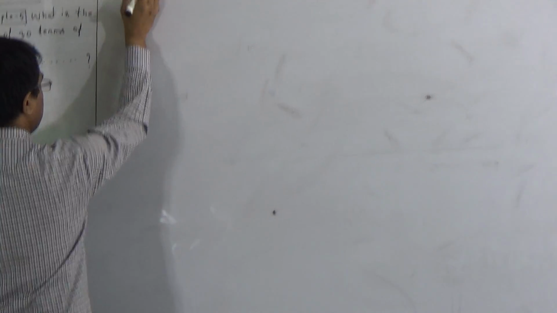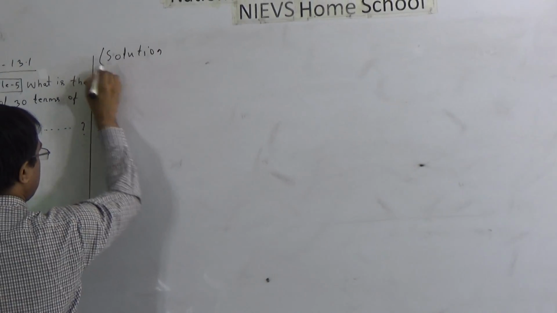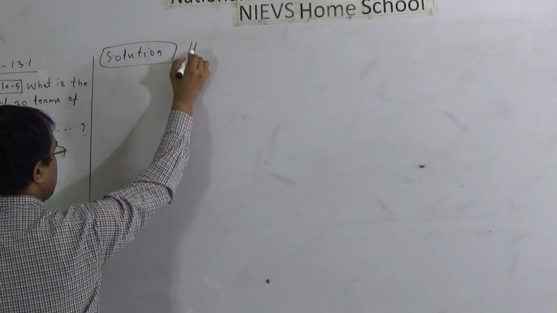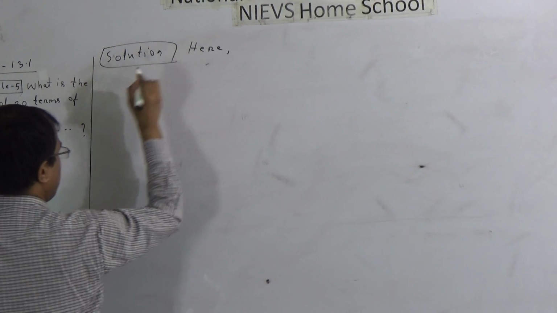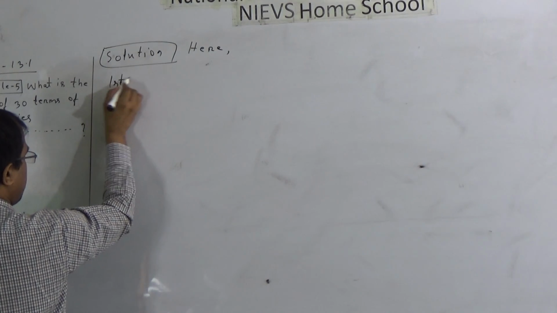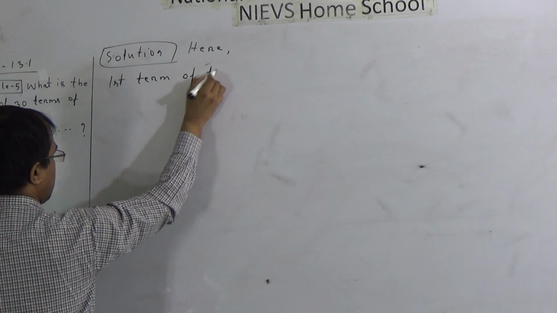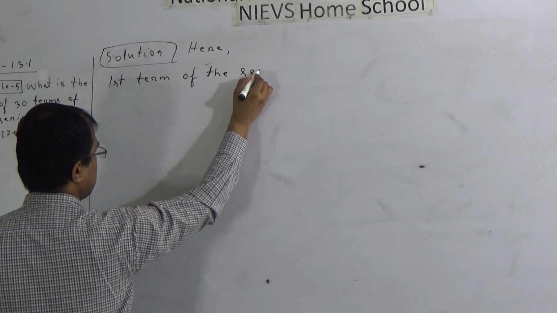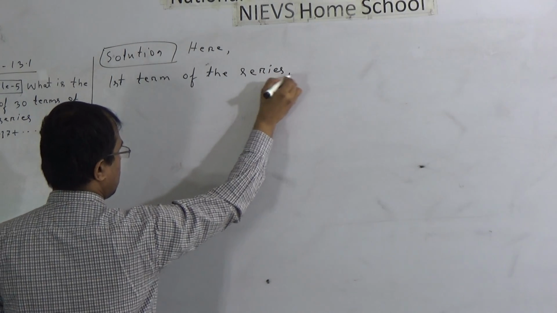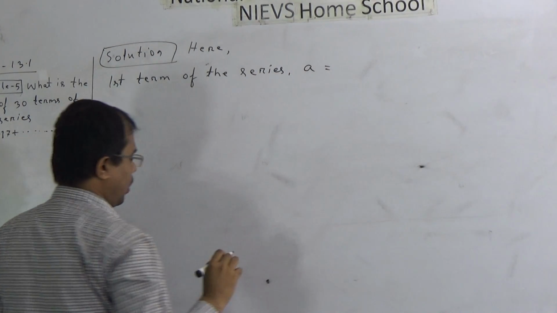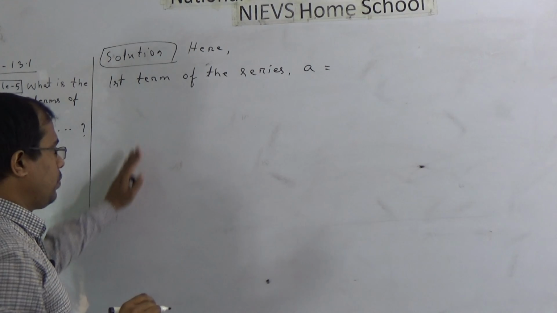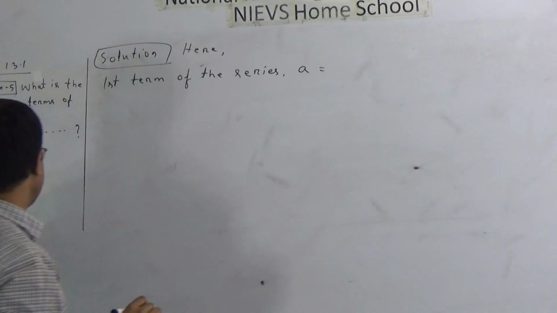Solution. Here first term of the series, all time we will denote the first term of the series by a, and a equal to 7.